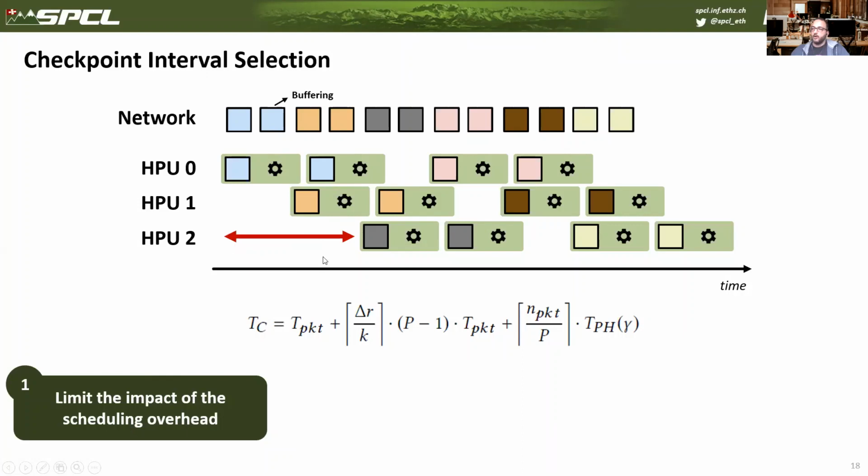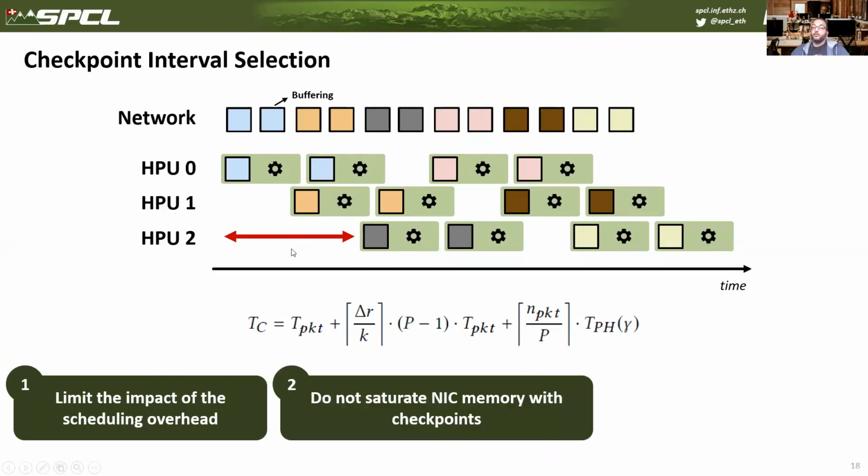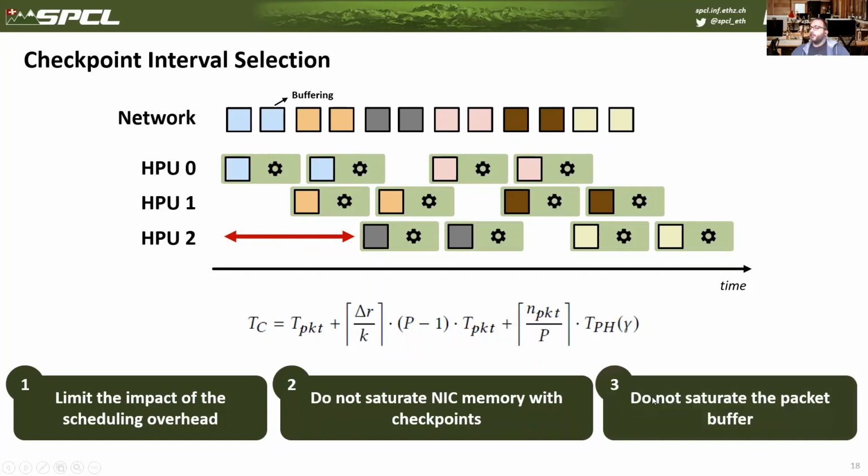So our goal is to minimize this guy here, but also we do not want to saturate the NIC memory. So the number of checkpoints we build have to fit in NIC memory. And finally, we also do not want to saturate the NIC packet buffer, because remember that here we are buffering packets when we cannot process them directly.